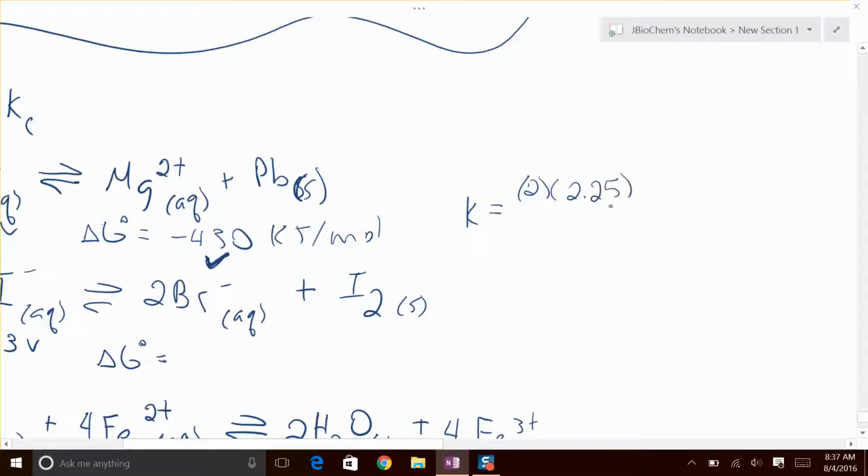Is that what you said? Divided by 0.0257 if you're using the natural log, e to the that. So you can rewrite it as that. You multiply by the reciprocal.